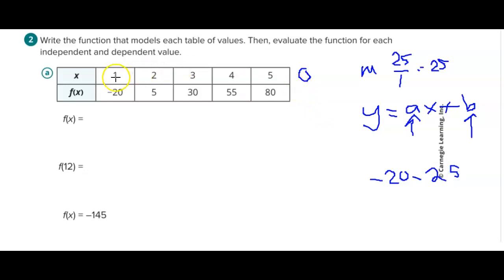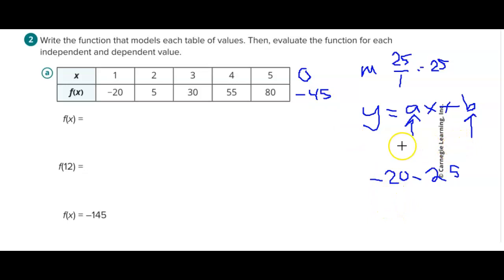To find what y value goes with an x of 0, we need to go back another 25 steps. So negative 20 minus 25 is negative 45. And since our y-intercept always happens when x equals 0, we know that our y-intercept is negative 45.